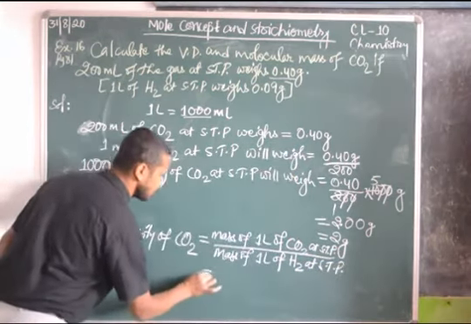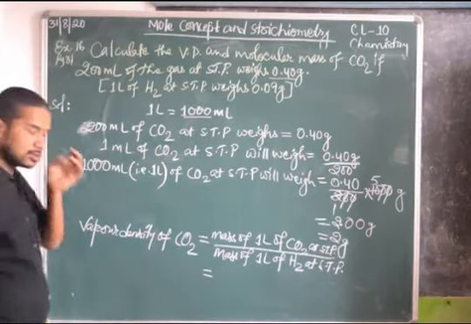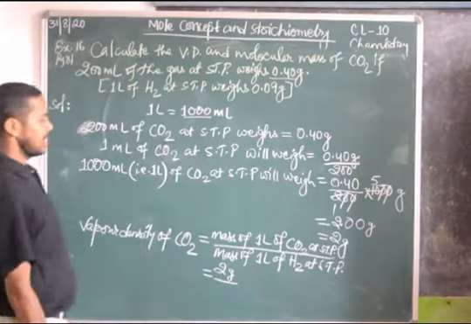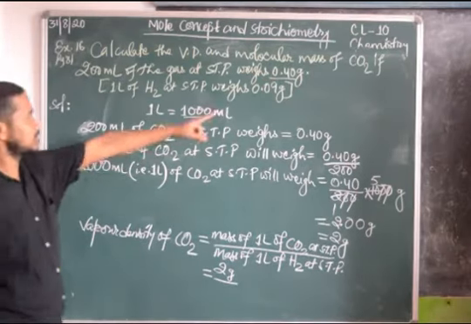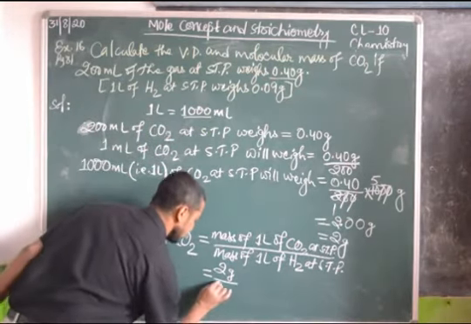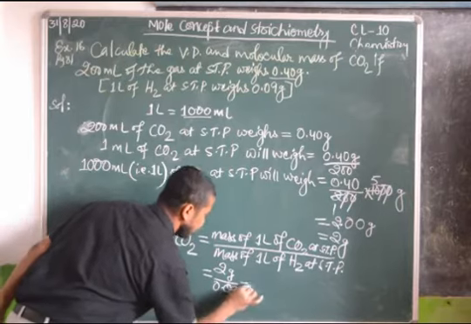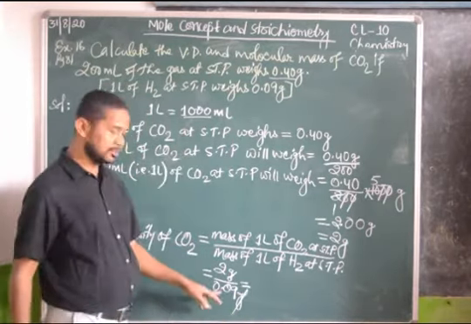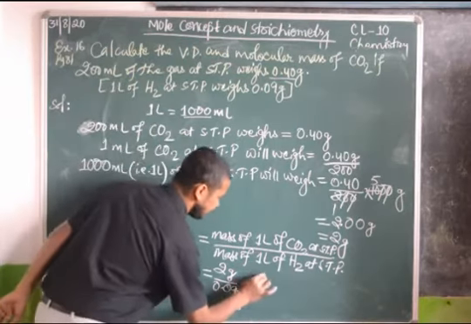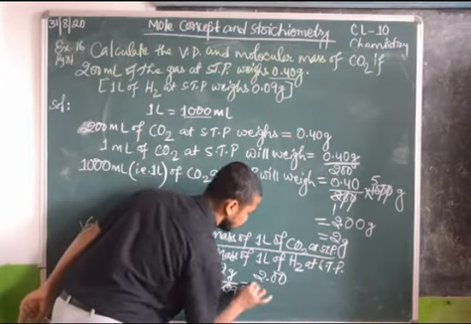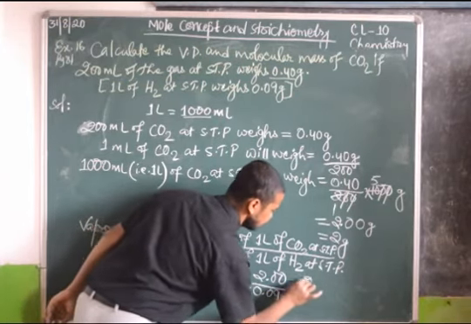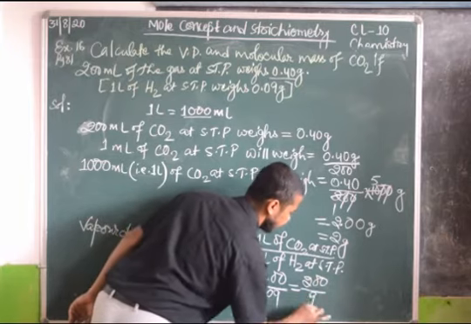The mass of 1 liter of carbon dioxide at STP is 2 gram. 2 gram divided by the mass of 1 liter of hydrogen gas at STP, 0.09. If you want to remove this decimal, gram you can cancel. You can put a decimal after 2 also, then it will be 0.09, so you will be getting 200 by 9.